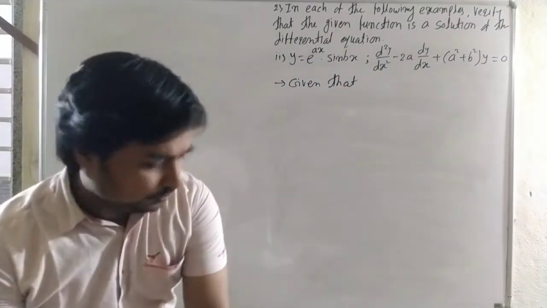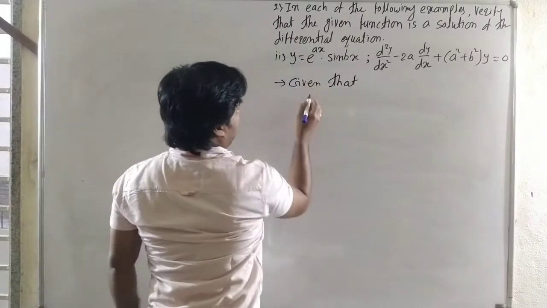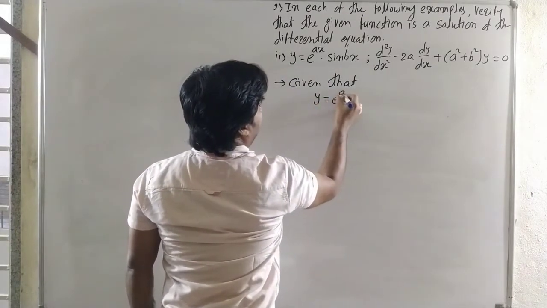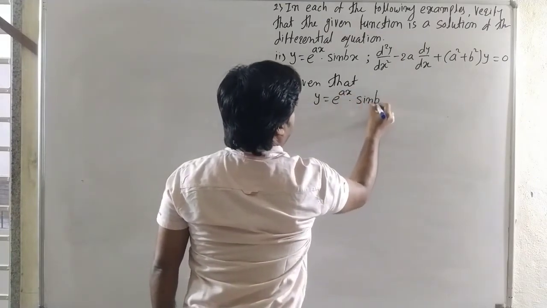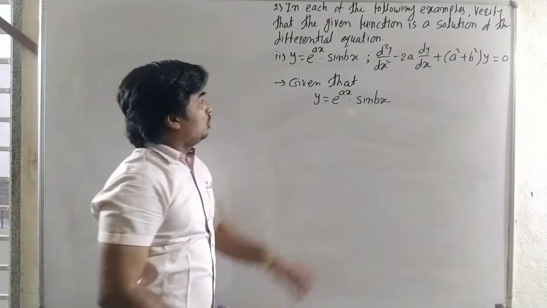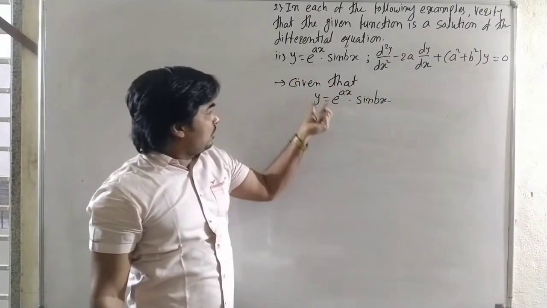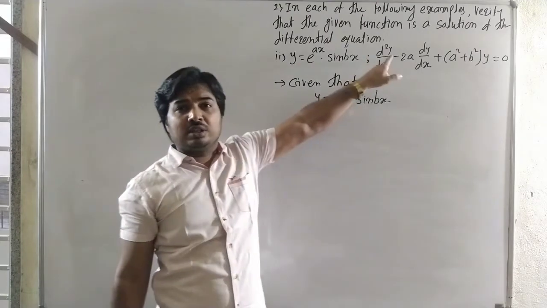Okay. Now here the given function is y is equal to e to the power ax into sin bx. We want to prove that it is a solution of this differential equation. That means when we differentiate two times of this relation we get this relation.